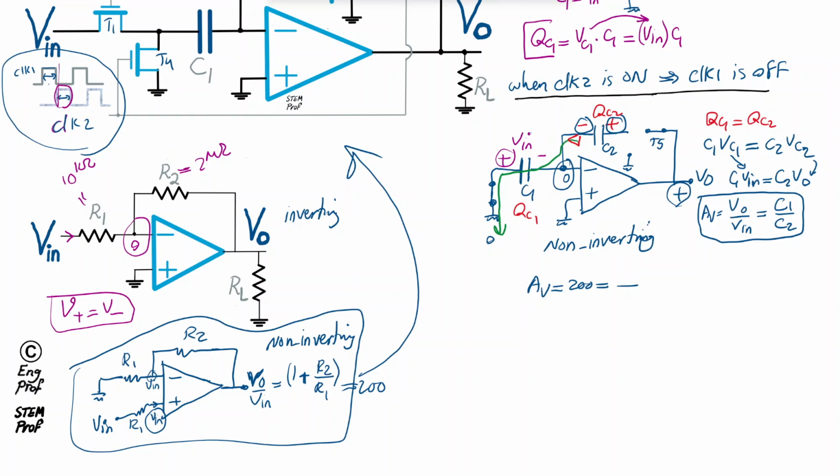So maybe I'm going to select C1 to be, say, 100 picofarad, as an example, depends on the exact application you have in mind. And C2, let's say 200 picofarad for a gain of 200 and 1 picofarad. So that is exactly going to give me a gain of 200.